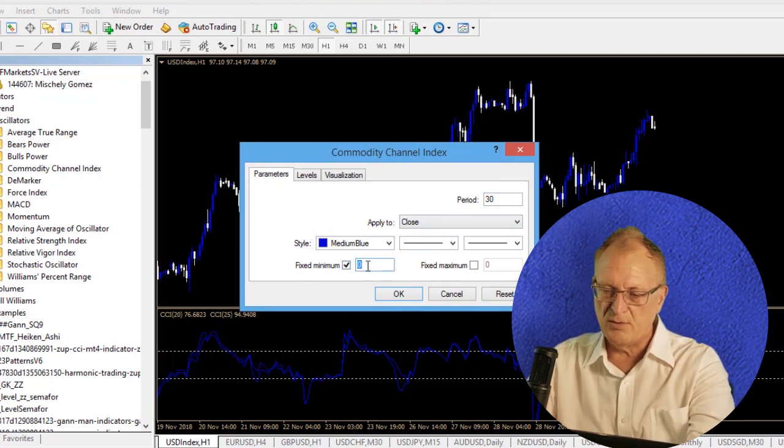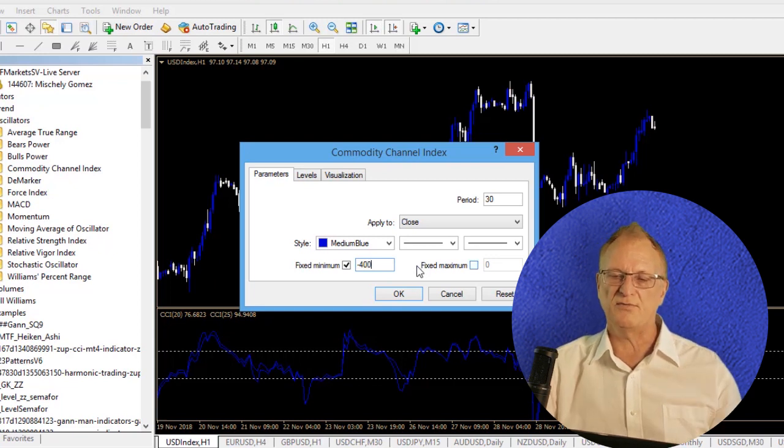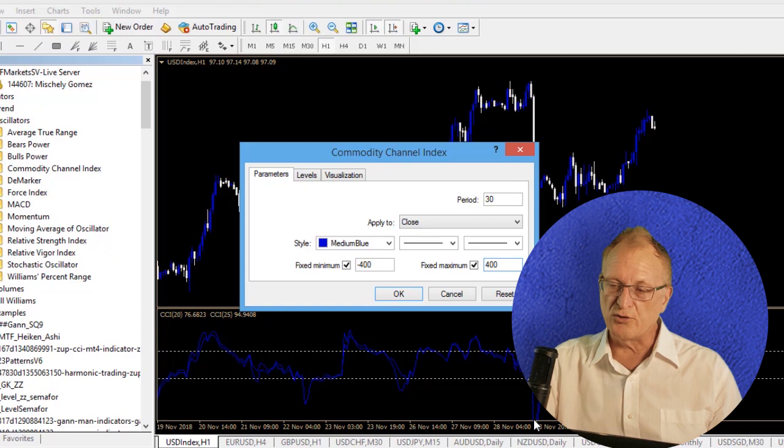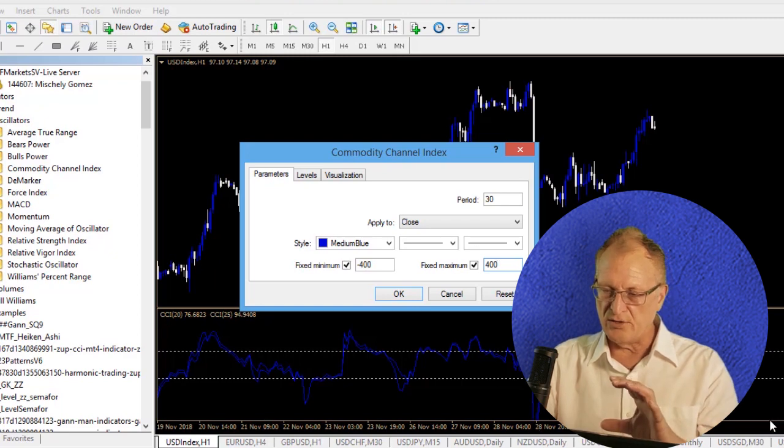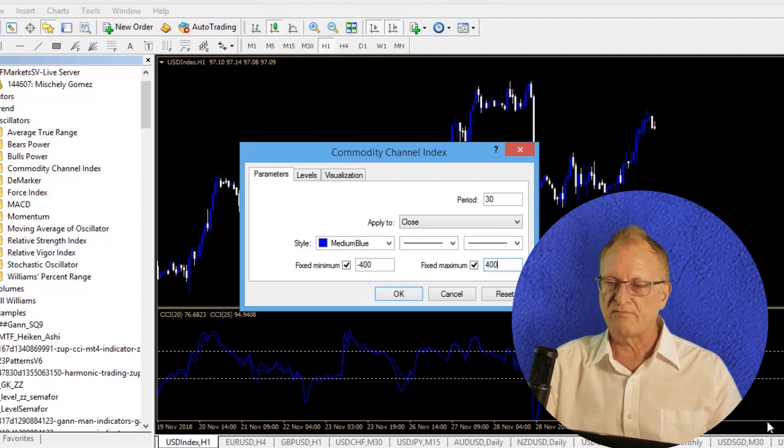fixed minimum. You can put any number in here, fixed minimum, fixed maximum, and it's cutting off the outlying part where this goes outside of 400 and just cutting it there so that it doesn't scale way to one side.